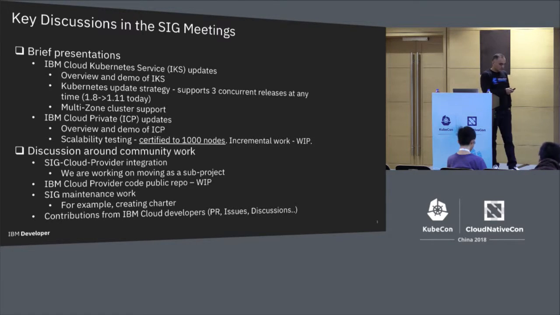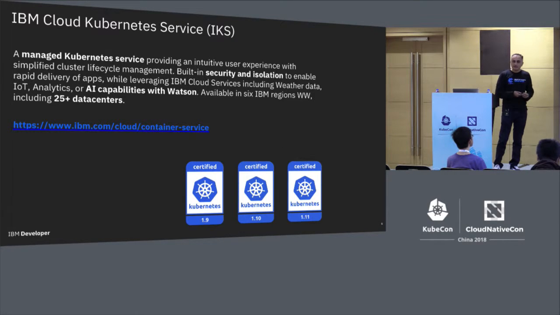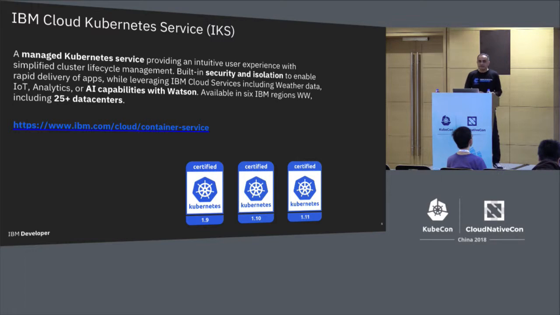In the next few slides, I just want to touch base on IKS, followed by the ICP side. IKS, like I said, is the public cloud side of IBM Cloud's offering.